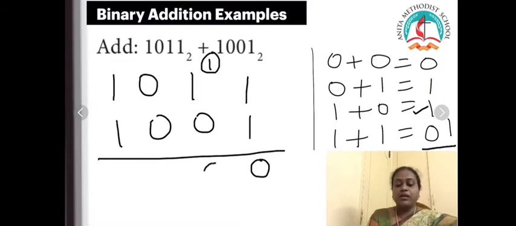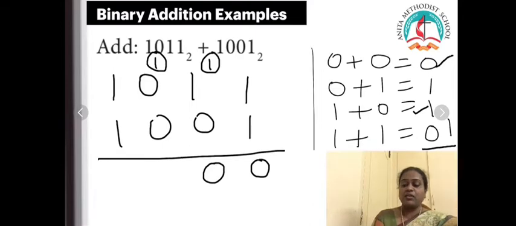Now the third set of numbers is 0 and 0. So 0 plus 0 is 0. With this 0, I am going to add the carry. So 0 plus 1 is again 1. Here it is 1 plus 1. 1 plus 1 is 0 and 1. So I'll straight away write here 0 and then 1 over here.